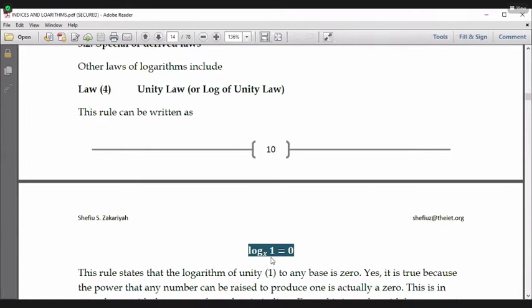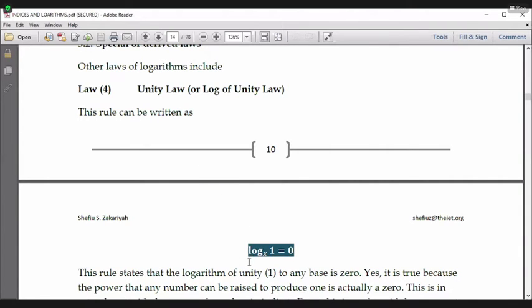Log to base x of 1 is always 0. From your calculator, press log of 1. We are assuming you are using common logarithms. What is log of 1? 0. Yes. We talk about unity log.